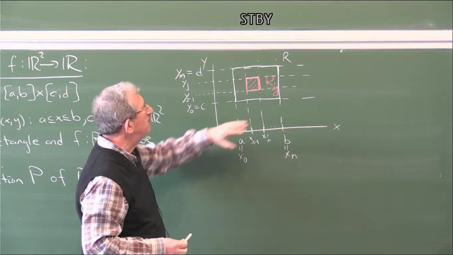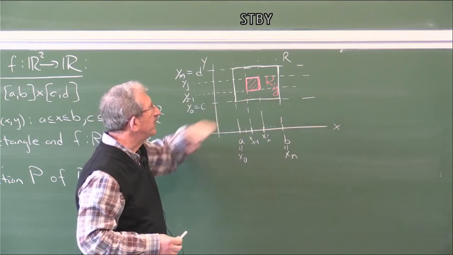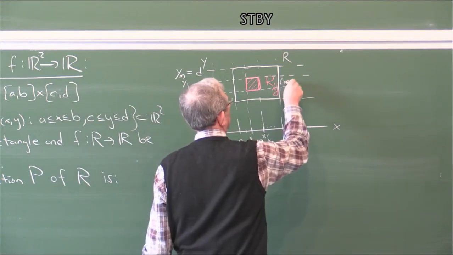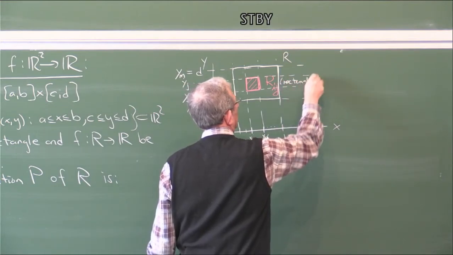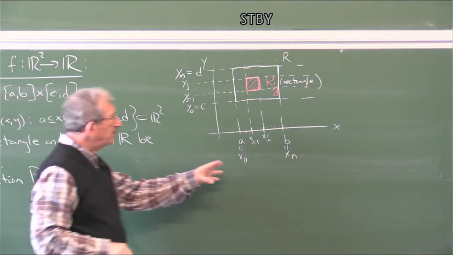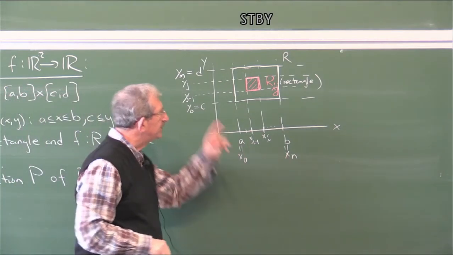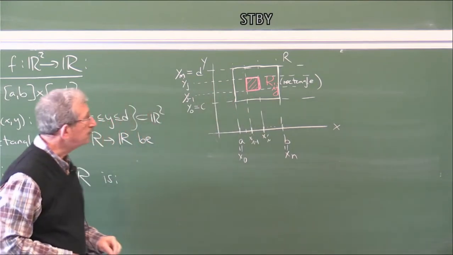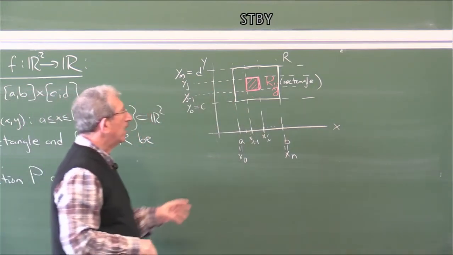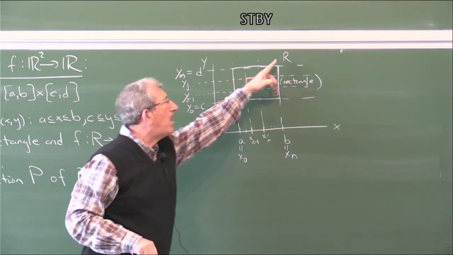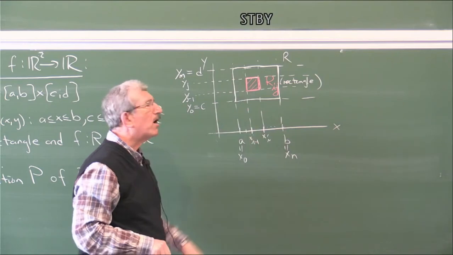But for the time being, let us concentrate on this rectangle Rij. Note that I'm not very much interested in these numbers, but rather in the rectangle. So this is now a partition of the rectangle R into smaller Rij's.